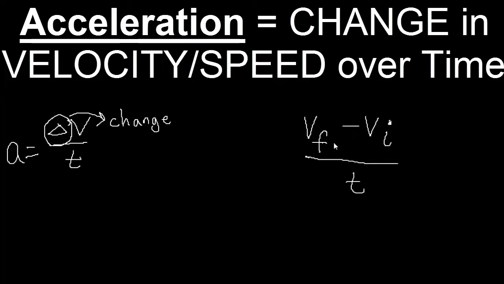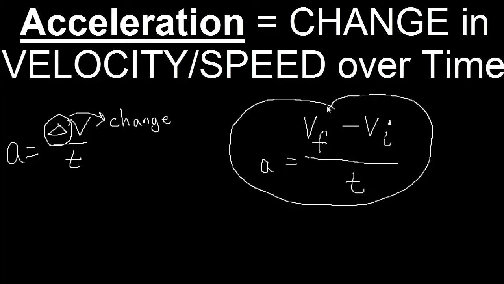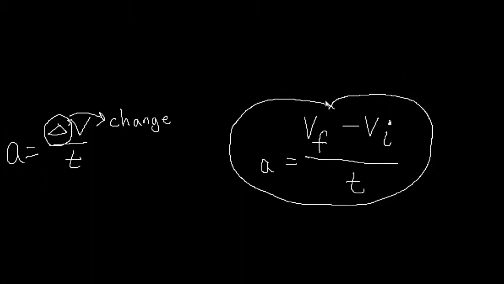The final velocity minus the initial velocity over time is equal to our acceleration. So what I'm showing you here, guys, is the equation that we are going to use in our physics class.